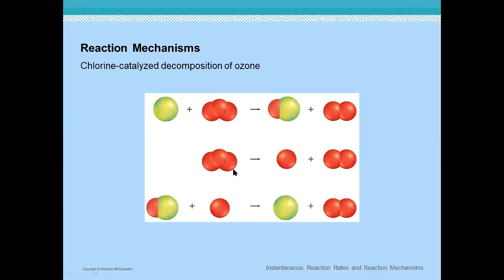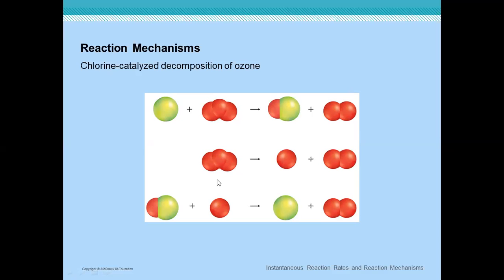Ozone gas, O3, consists of one oxygen atom and one oxygen molecule. We said before that the difference between an oxygen atom and an oxygen molecule is that an oxygen atom consists of one atom only, while an oxygen molecule consists of two oxygen atoms joined to each other.